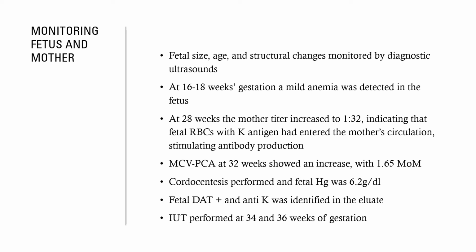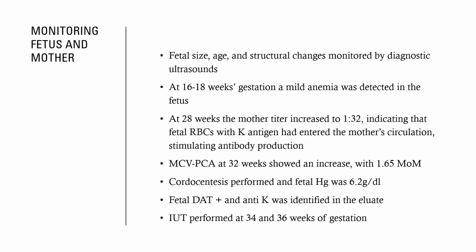At 18 weeks, the MCA-PSV in this case was 1.27 MoM, showing that the fetus was developing normally. At 28 weeks, the mother's titer increased to 132, which indicates that the mom's body had started producing antibodies, and the baby's MCA-PSV also increased to 1.33 MoM, indicating mild anemia.